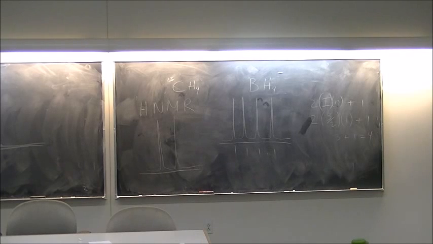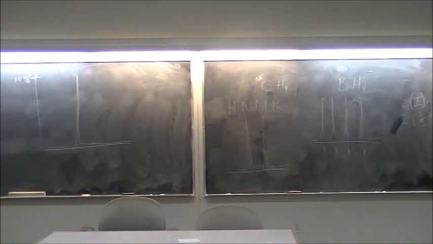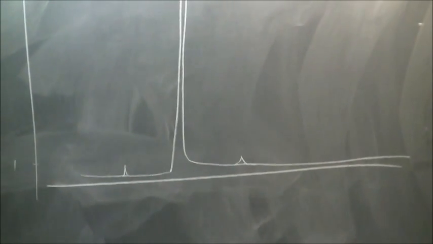Those are what we call the satellite bands, and they're due to the carbon-13 that is present in the sample. Probably you will never see it because it's below 1%, but it's there.